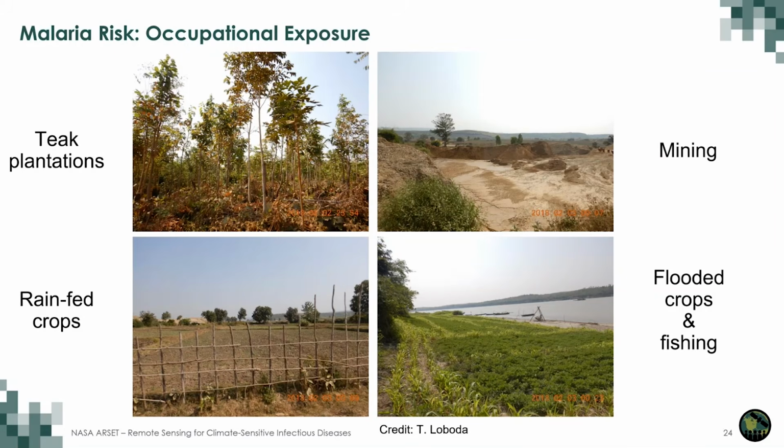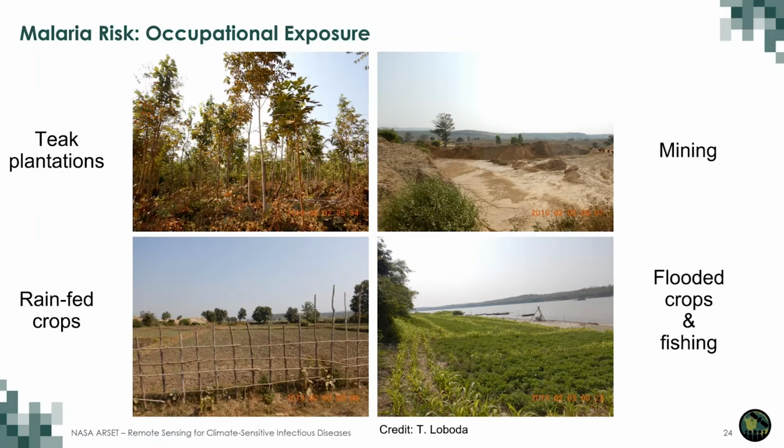Most of the time, the data on occupational exposure is non-existent, but that's where satellite observations can provide a really unique source of information. The several types of occupation in the area where we worked included working in teak plantations.